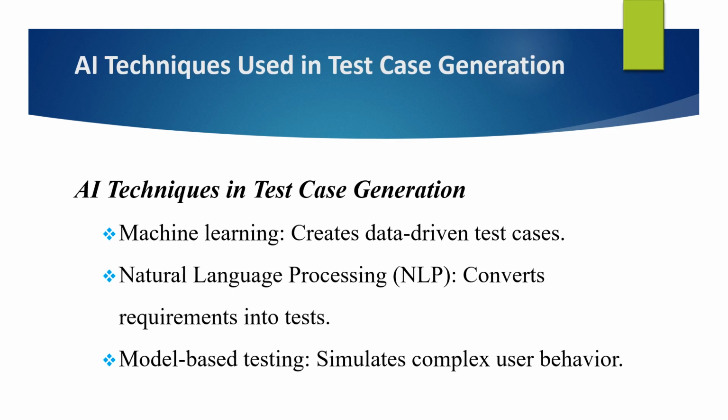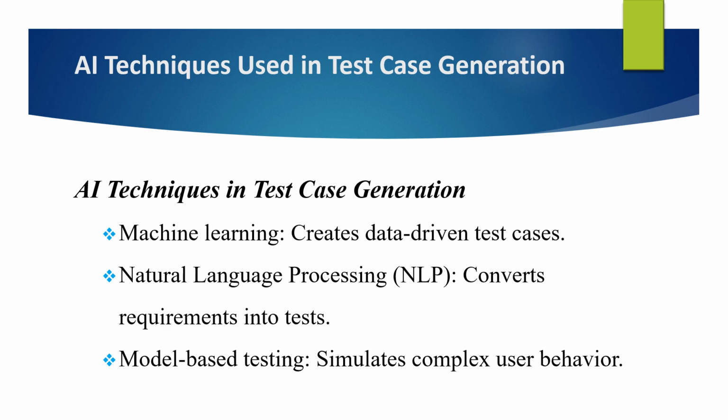Let's look at some of the AI techniques used in test case generation. First, machine learning models can be trained on historical data to identify patterns in user behavior or common defect areas, enabling them to create relevant test cases. For example, if certain parts of the application frequently encounter bugs, AI can generate test cases that focus on these high-risk areas. Another valuable technique is natural language processing, or NLP.